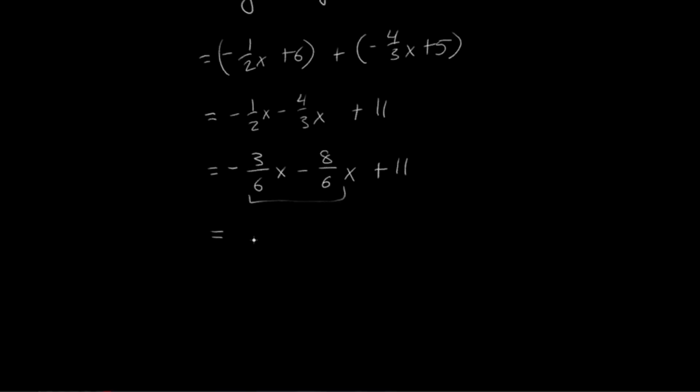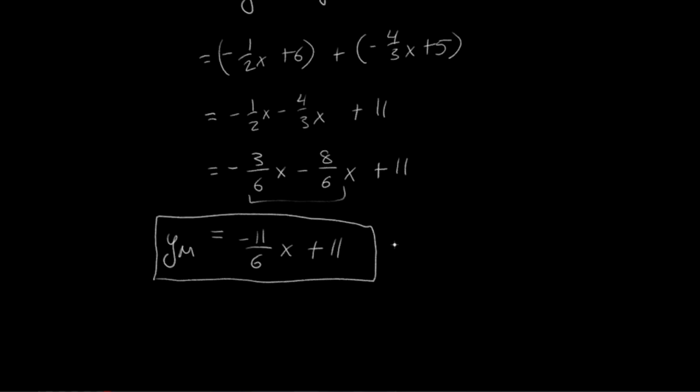After we combine these terms, we get minus 11 over 6 x plus 11. Now this equation right here is going to be our market demand curve for pizza.